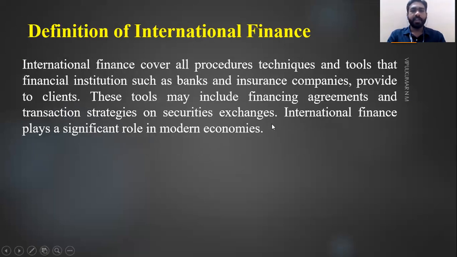Then the definition of international finance. International finance covers all procedures, techniques, and tools that financial institutions such as banks and insurance companies provide to clients. These tools may include finance agreements, transaction strategies on securities exchange, etc. International finance plays a significant role in modern economics. We know that there are several techniques used for transactions.